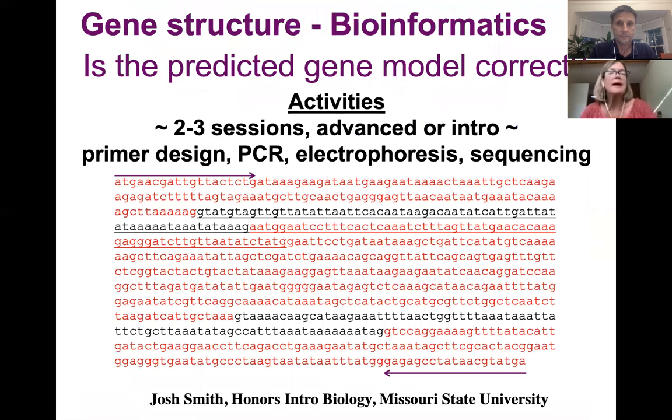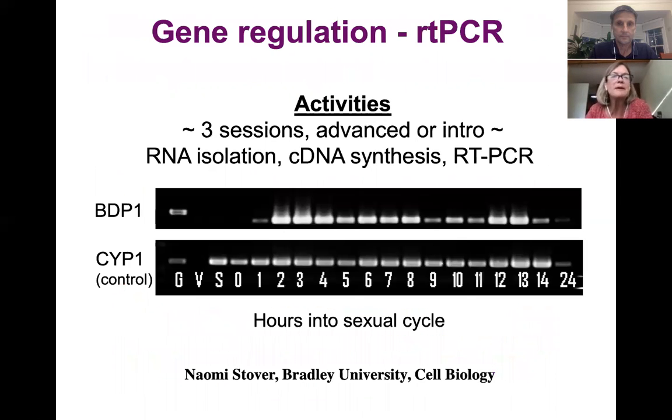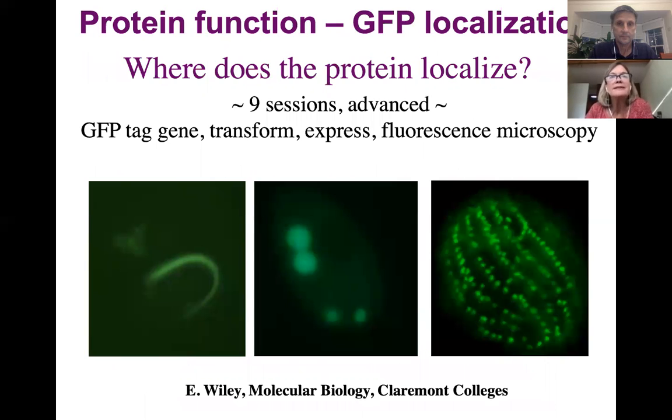For example, we have modules that can be done through bioinformatics, in intro courses or advanced courses, or wet lab components, such as looking at gene expression or tagging a protein with green fluorescent protein and doing localization studies. So in this way, faculty can take the module that works for them and meets their goals and integrate it into their courses.